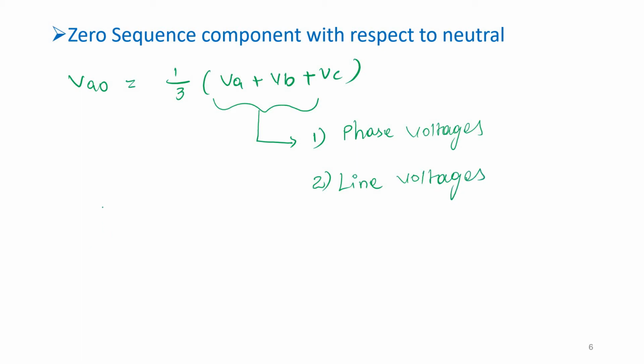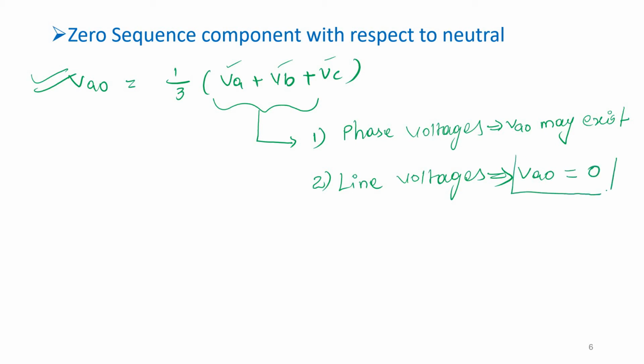What will happen? If the voltages are given in terms of phase voltages, the zero sequence component VA0 may exist. If the given voltages are line voltages, then there won't be any zero sequence component in the system, so you can consider the VA0 value as zero.